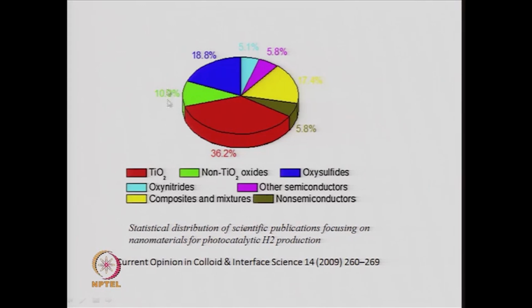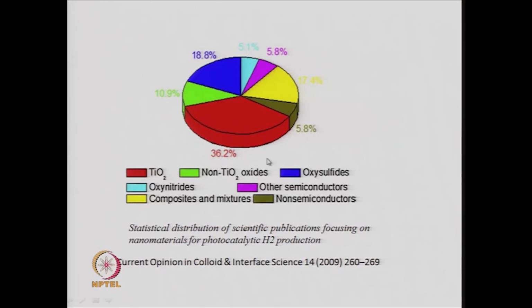The whole world is working on titanium dioxide, nearly 36% of the work on photocatalysis is based only on one semiconductor, titanium dioxide, and that is the brown colored part, which is 36.2%.